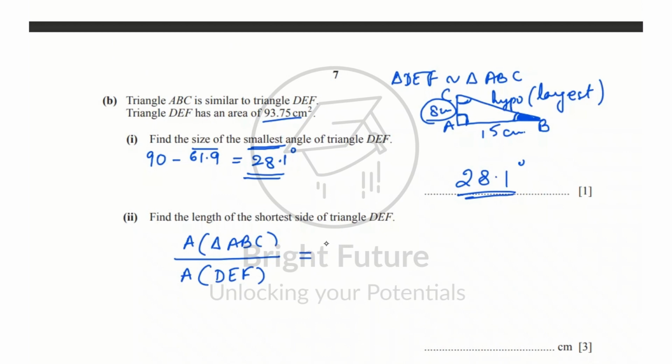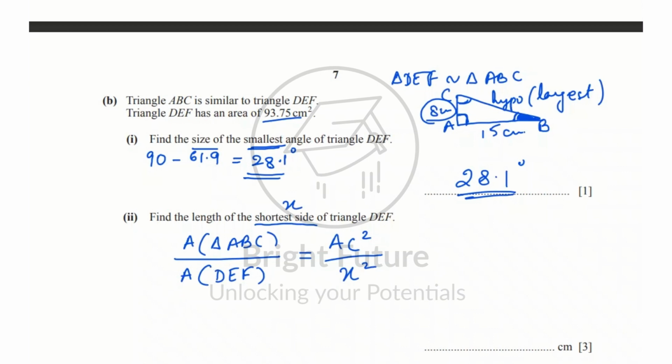So we'll take the shortest side, it says shortest side. So the smallest side we know is 8 upon, let the shortest side of DEF be x.